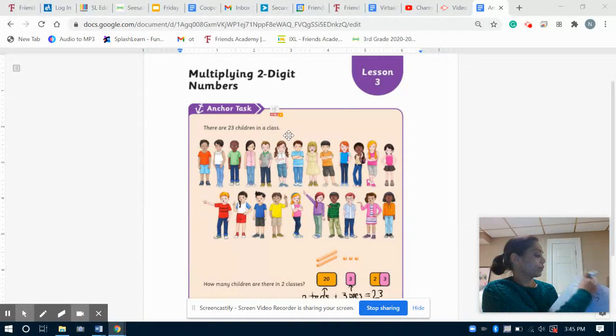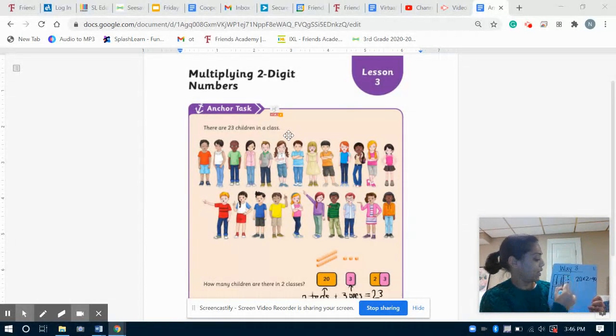Another way, you may have done another way, way 3, which may have been using not repeated addition, but using base 10 blocks to show multiplication. So using, again, the 23 and 23, you may have said 20 times 2, which is 40, right?